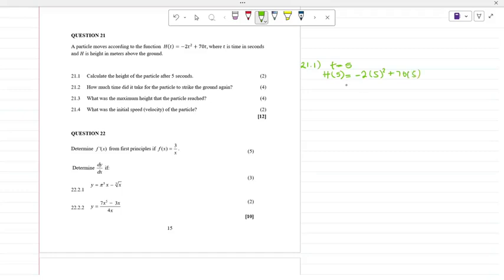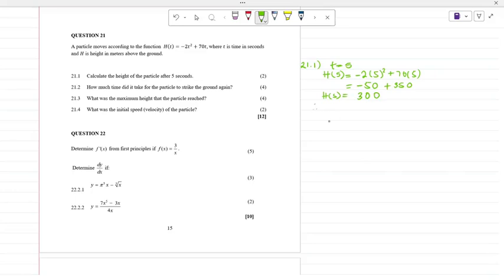So 5 squared is 25, times negative 2 will give us negative 50. And then 5 times 0 is 0, 5 times 7 is 35. This will give us 350. So therefore, h of 5 will give us 300.